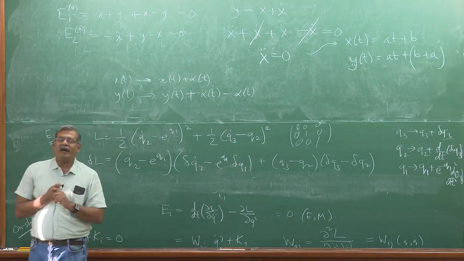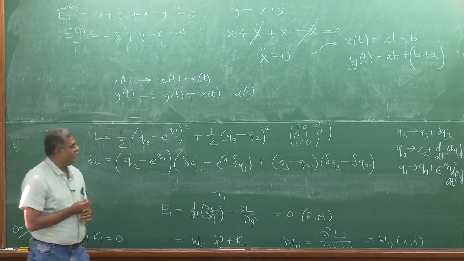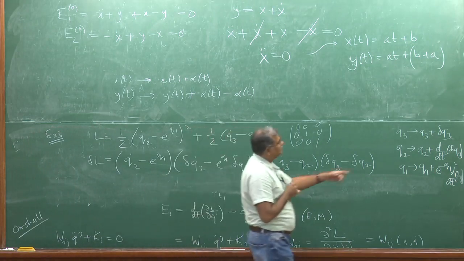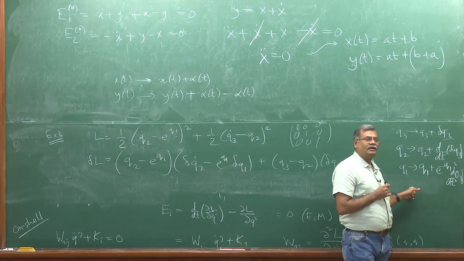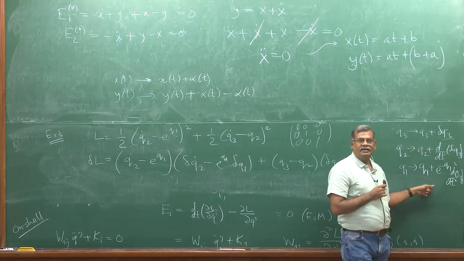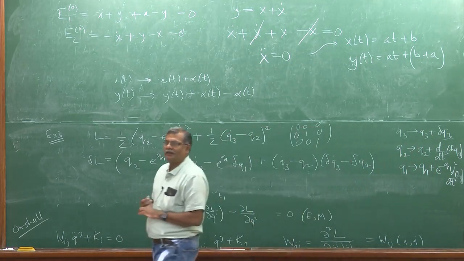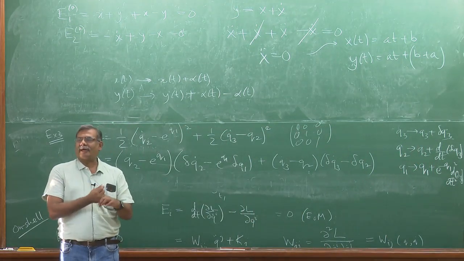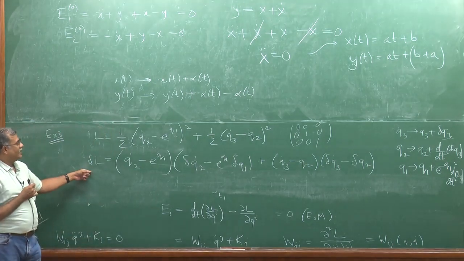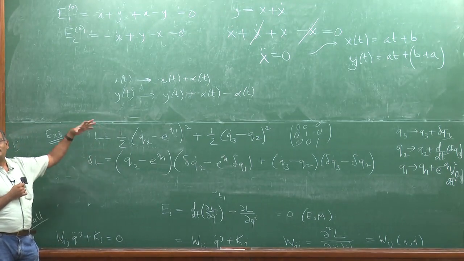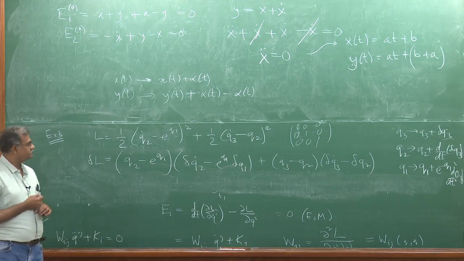So give me any arbitrary function delta Q3, whatever you want, as long as it's smooth and twice differentiable. I just make a change in Q3 by that, change in Q2 by this, Q1 by this. Again, a time dependent change where I change everywhere Q1, Q2, Q3. And if your original thing had extremized the action, the new one will also extremize the action, because delta L is not even a total time derivative. Delta L is going to be explicitly 0 here. So no change in the action, right?